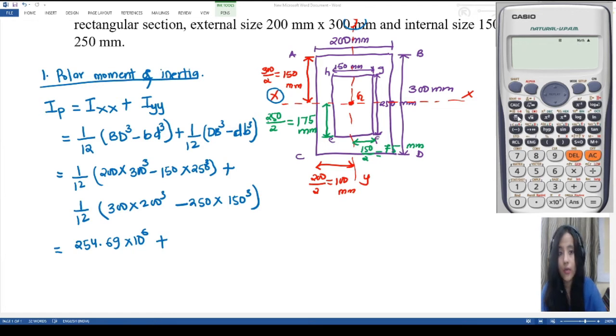So Iyy will be equal to 1 by 12. Let's open the bracket. 300 into 200 cube minus 250 into 150 cube.